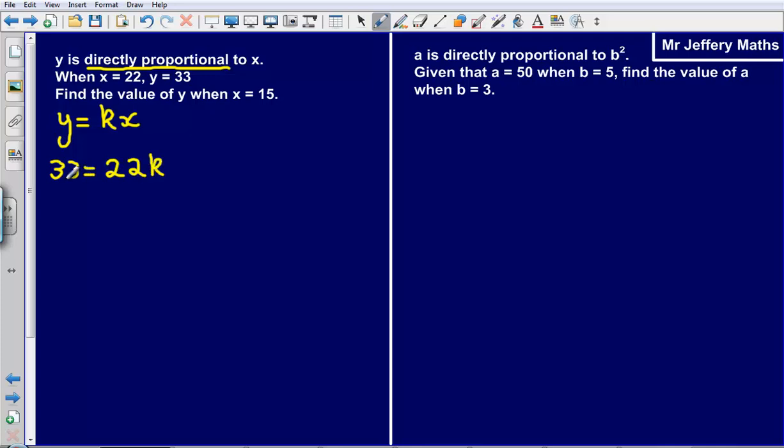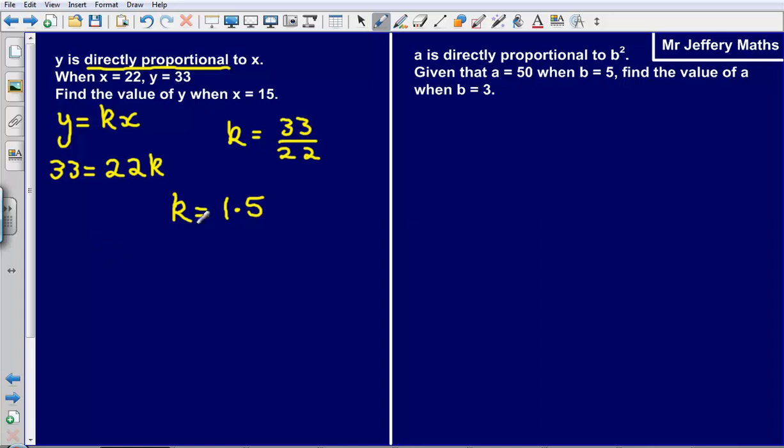From this point I can solve this equation to figure out the relationship between x and y. So k is going to be equal to 33 divided by 22, which gives us 1.5.